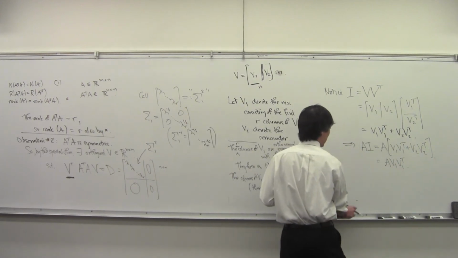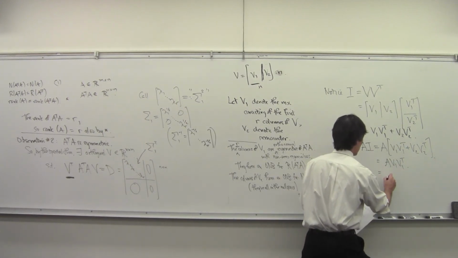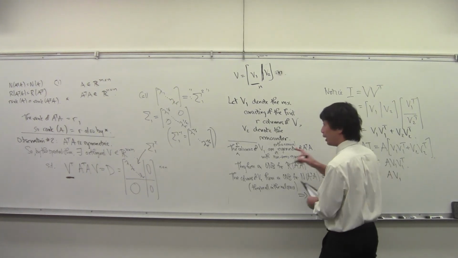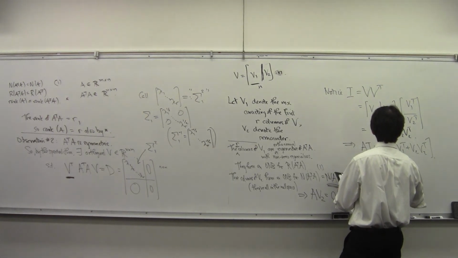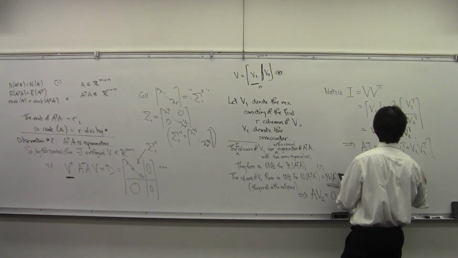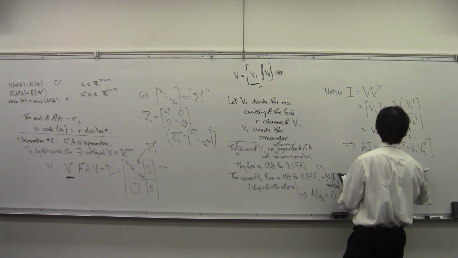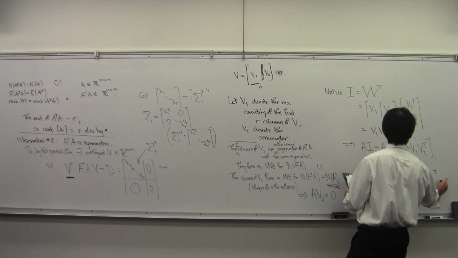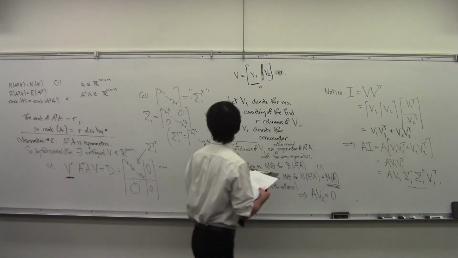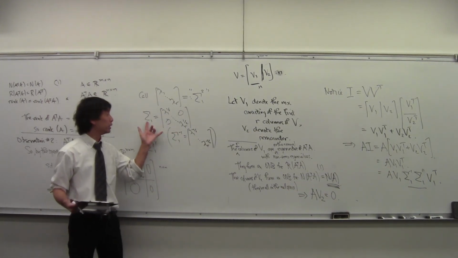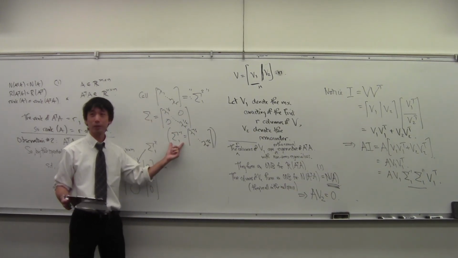Now I do something funny. I insert sigma 1 inverse and sigma 1 itself inside here. You've got these two diagonal matrices, sigma 1 and sigma 1 inverse.